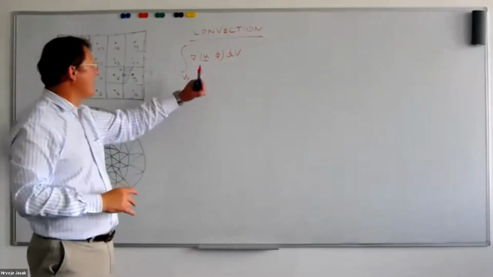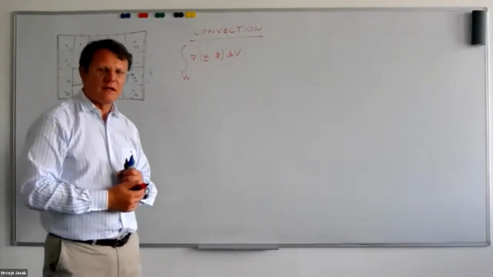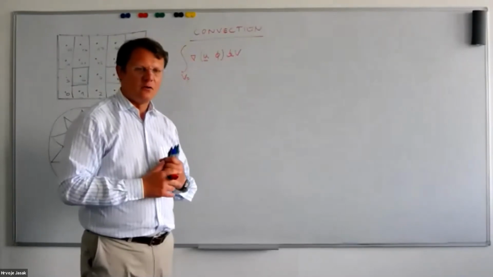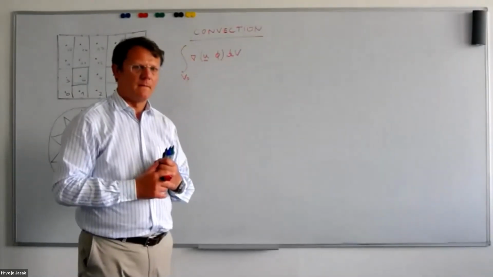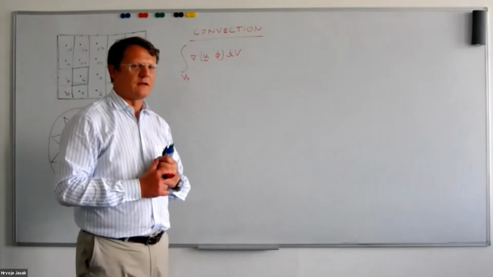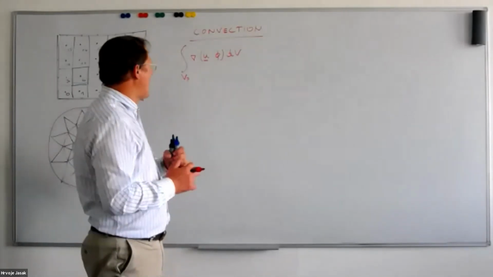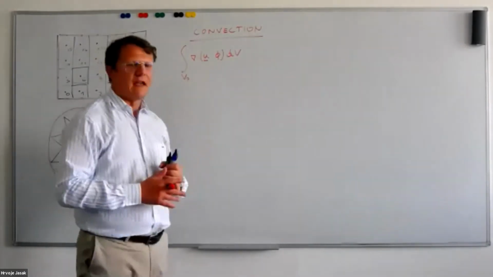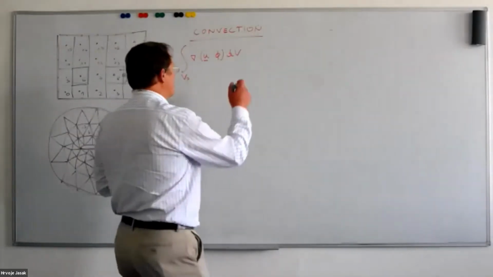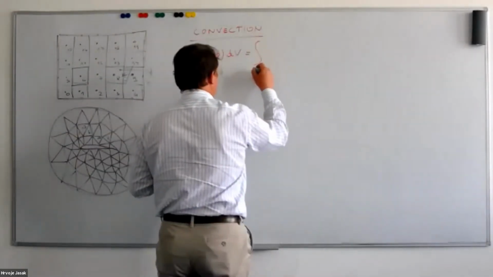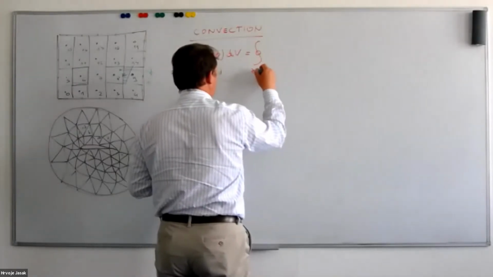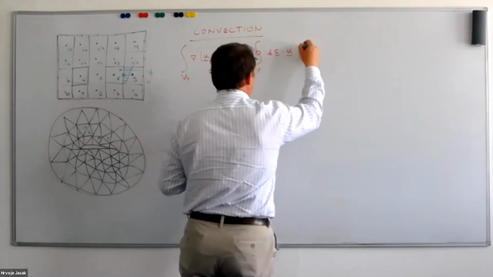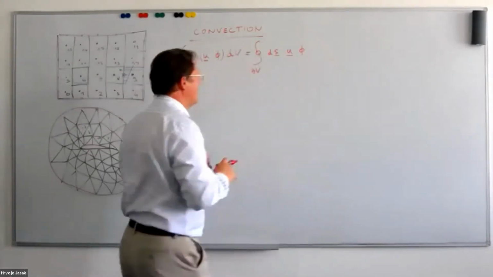Here u is the velocity field that carries my variable phi through the computational domain. In the first step of the discretization, I will use Gauss's theorem to convert the volume integral of the divergence into the surface integral of ds dot u phi. Okay?